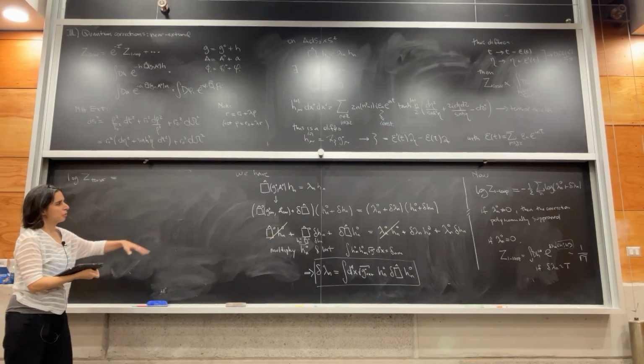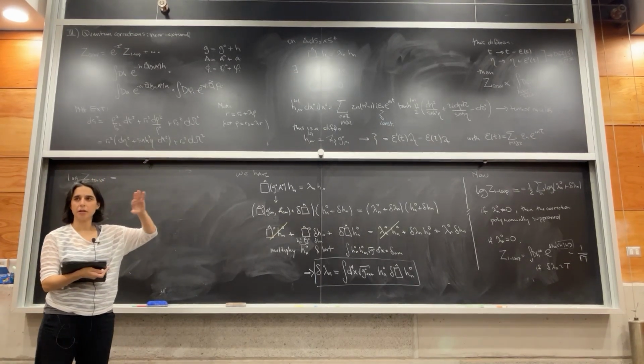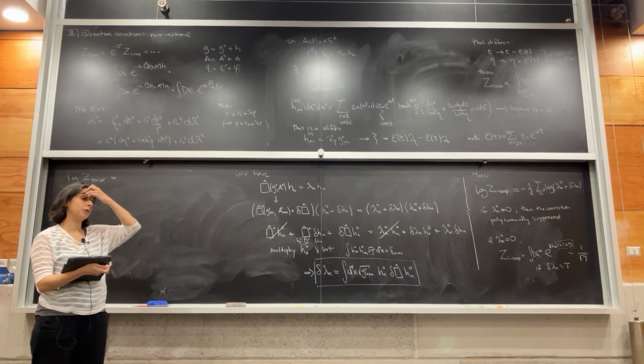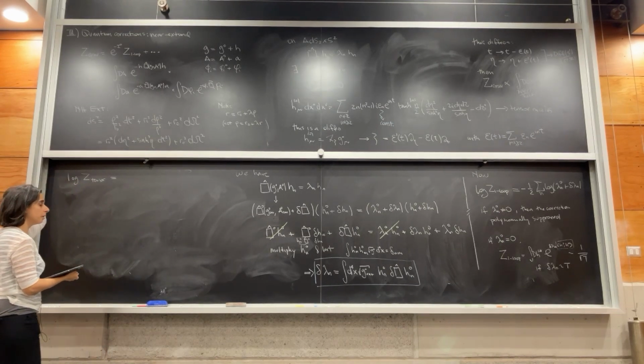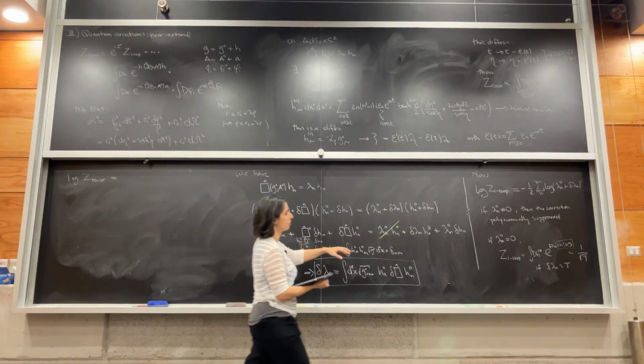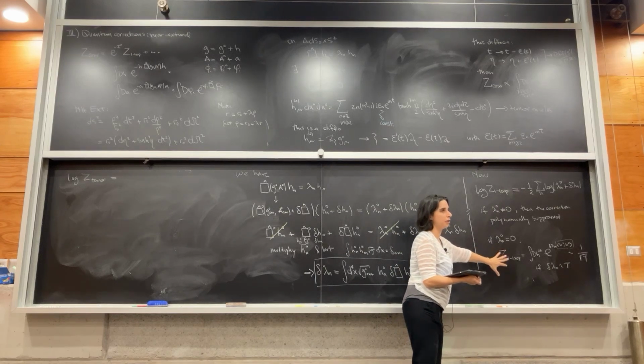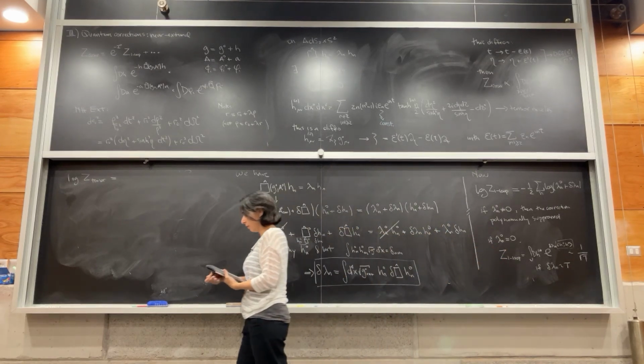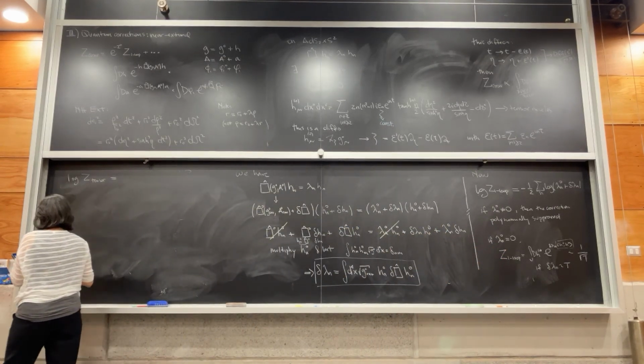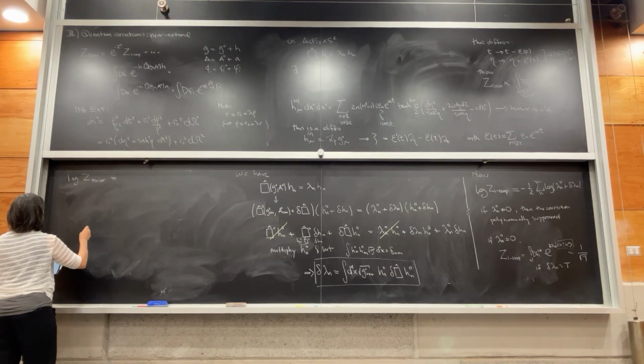So I don't need to keep track of what everything else is doing as I correct the temperature. You're just looking at what these zero modes are doing, because the zero modes are the ones that potentially give you a difference.